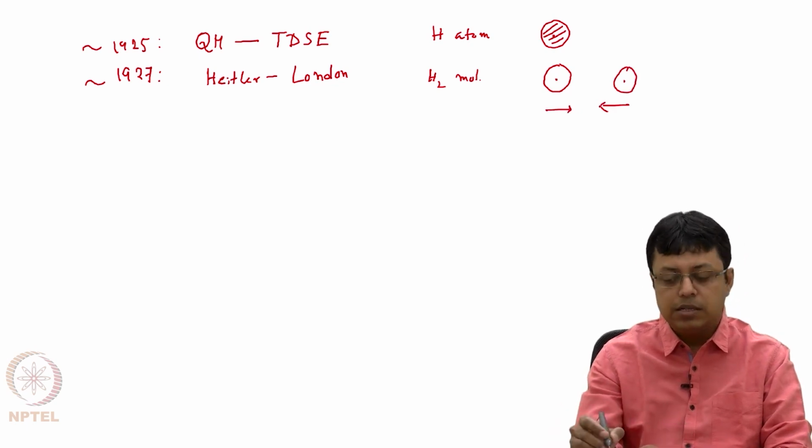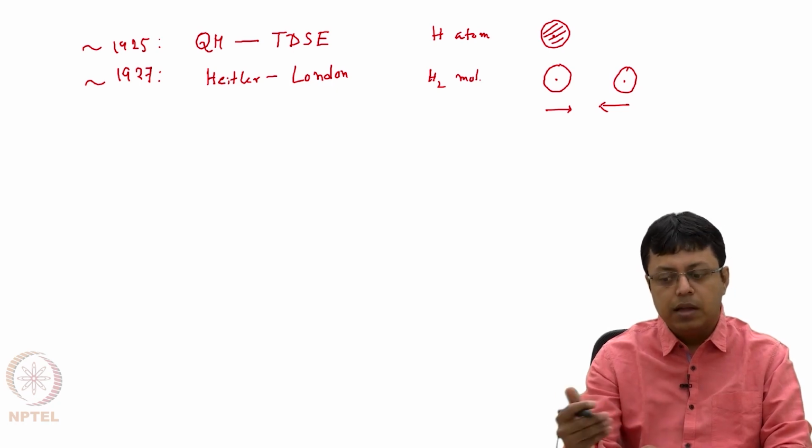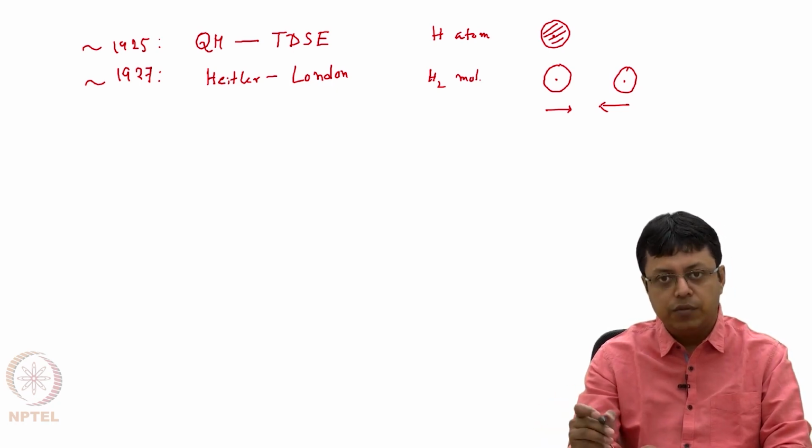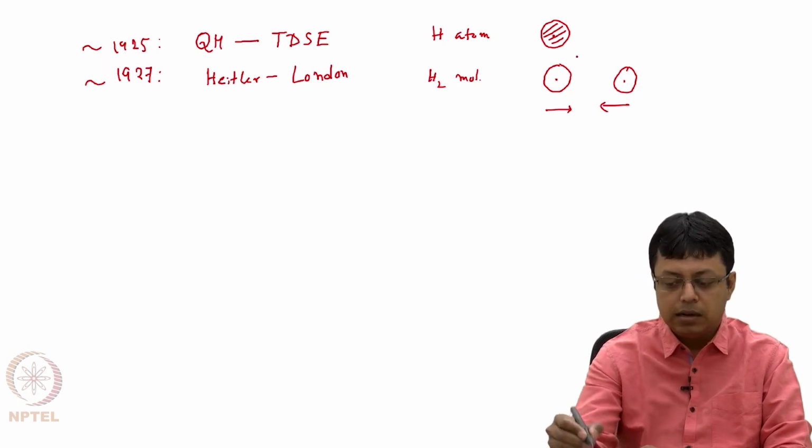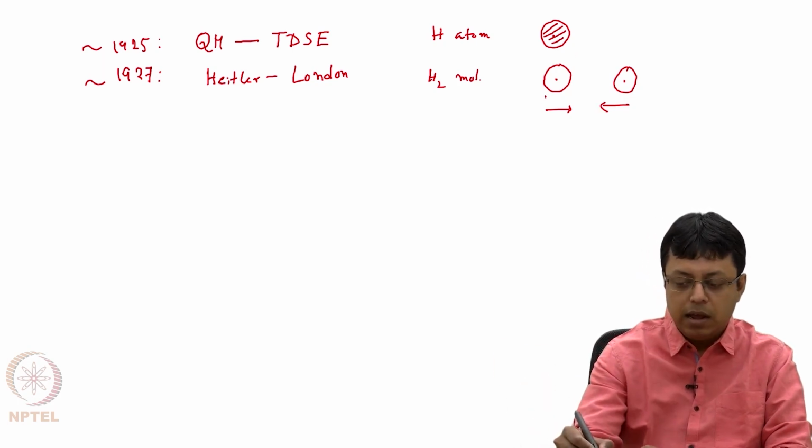What they interestingly figured out is that there is something called an exchange force between these two. You can think that I have atom A and atom B, both hydrogen atoms, and electron 1 and electron 2.